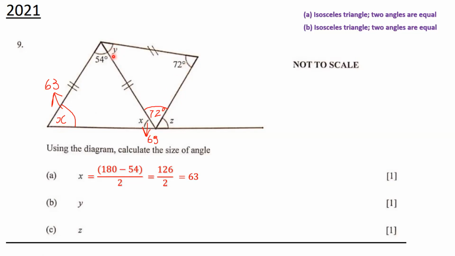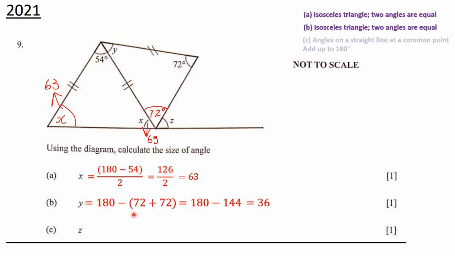And so in order to figure out y, all we need to do is subtract 72 plus 72 from 180. And what is 72 plus 72? Well, 72 plus 72 is definitely 144. And so we're going to take 180 and minus that 144 and we get 36. And so that means that y equals 36 degrees.